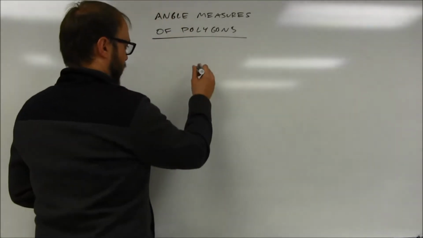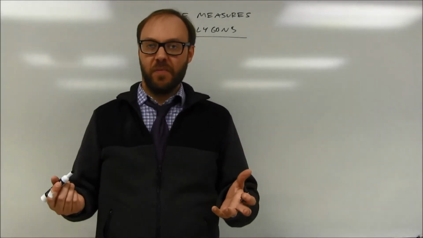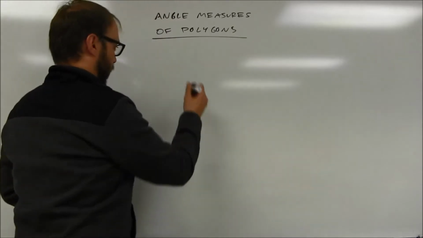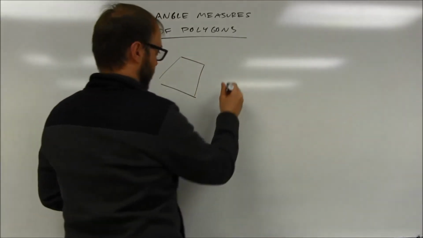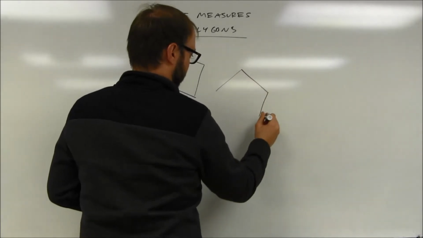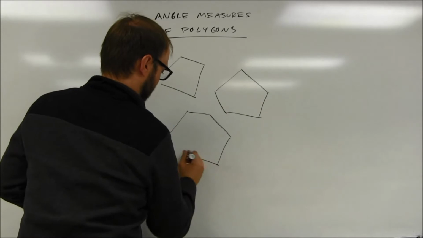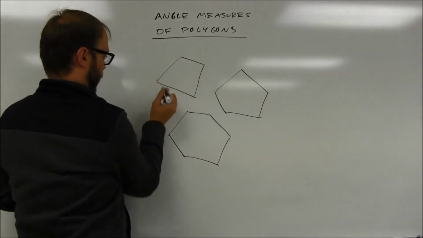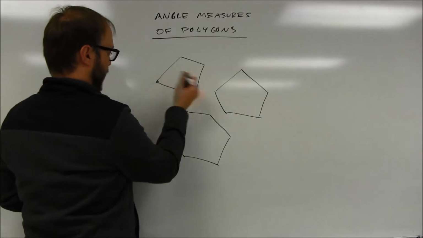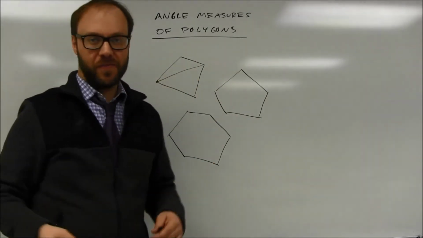So some basic things here. First of all, you can derive the formula for the interior angle sum of a polygon just by drawing some different polygons and breaking them up into triangles. The pattern is relatively simple. So I'm going to try just a couple of shapes here. If I take any quadrilateral and I pick one vertex, I can split that shape up into triangles, okay?